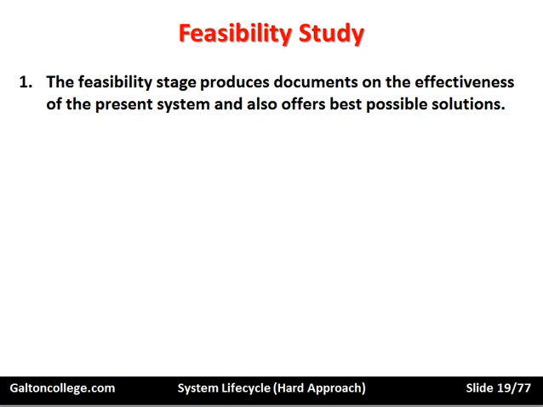The feasibility stage produces documents on the effectiveness of the present system and also offers best possible solutions. So in looking at the existing system critically, looking at how it could be improved, then new systems can be imagined and brought into play.